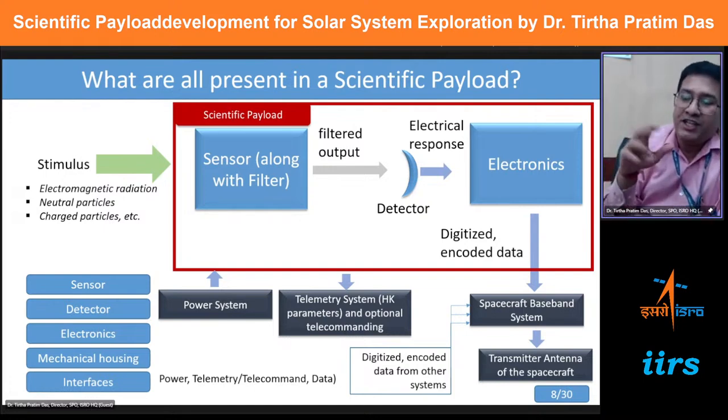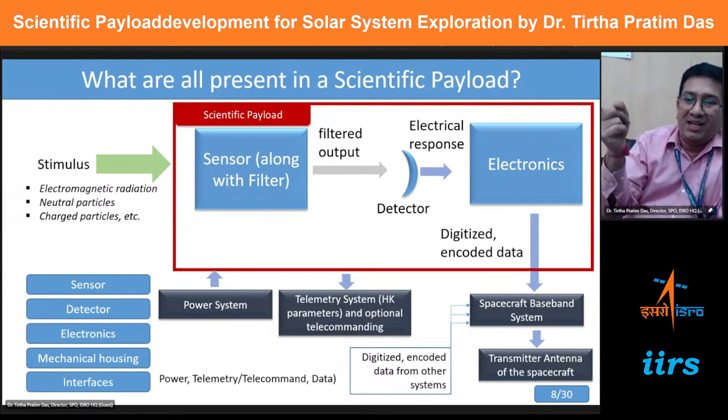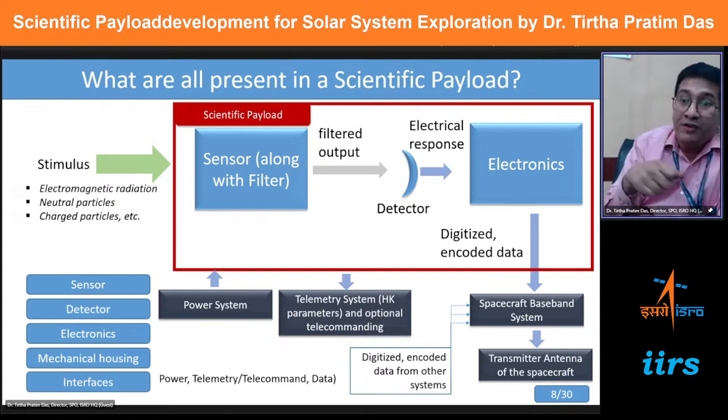There are some parameters which tell that your instrument is healthy. Otherwise, you are going to get the data from the instrument, but you are not confident whether your instrument was healthy when it acquired the data. So HK parameters give you confidence about the health of the instrument, which in turn boosts the confidence to use the scientific data which came out of the healthy instrument.